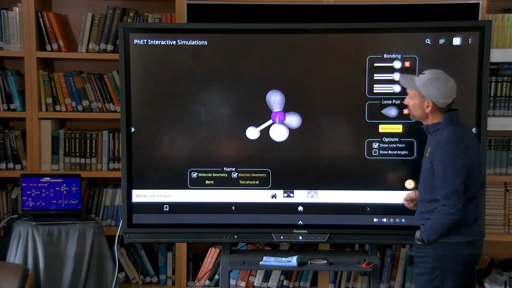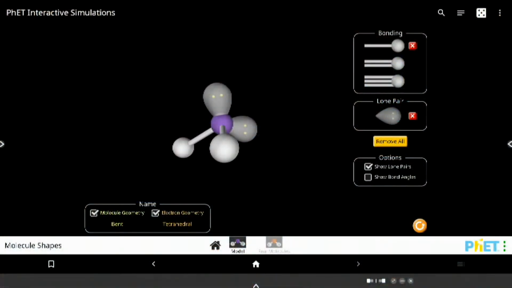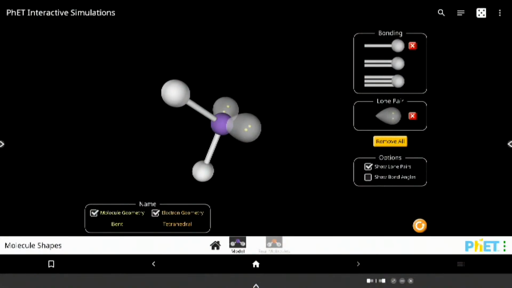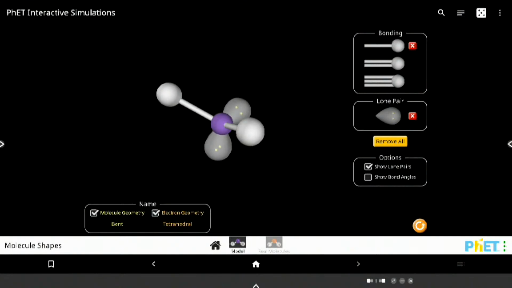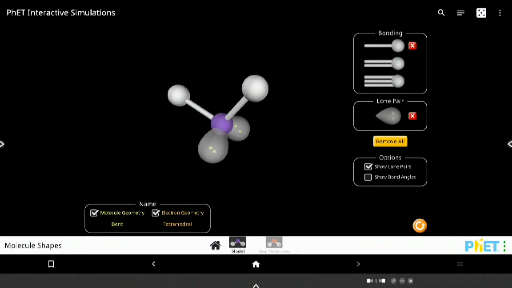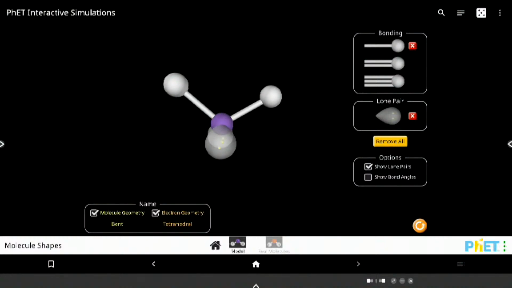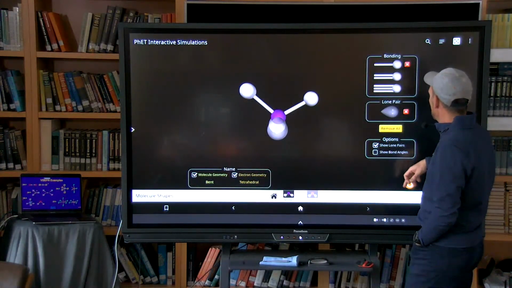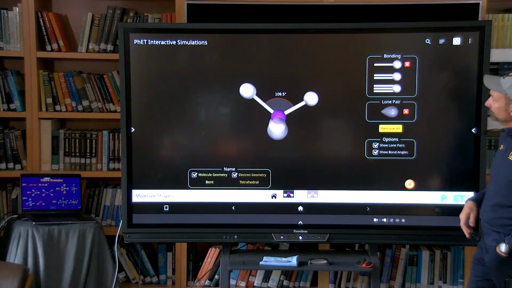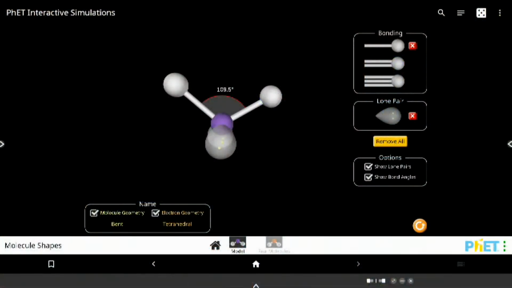Here's water. So steric number 4, still tetrahedral arrangement of the electron pairs, but you can see water is just a bent molecule with lone pairs. Show bond angles. I like that. 109.5.